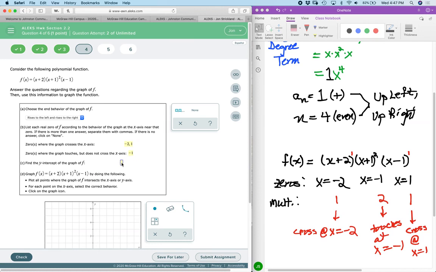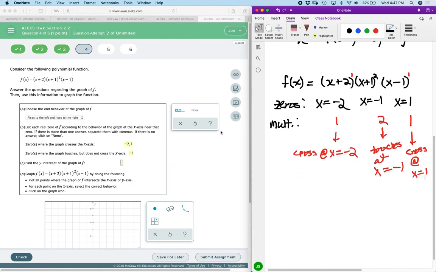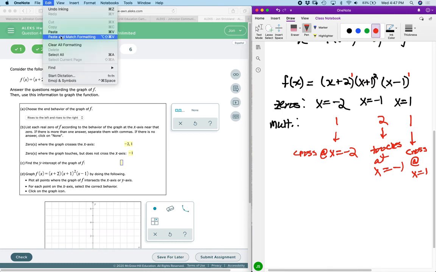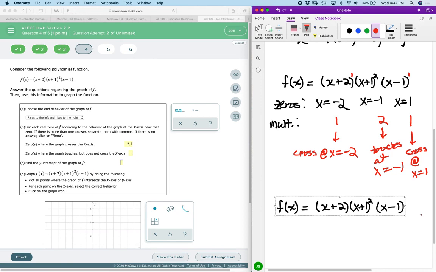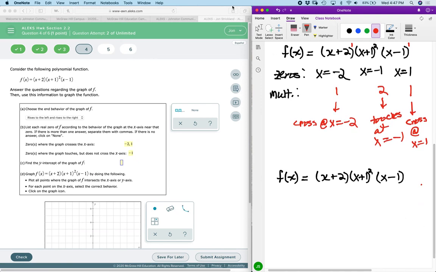Now, in the case of the y-intercept of the graph, going back to our function, this will be where x is 0.